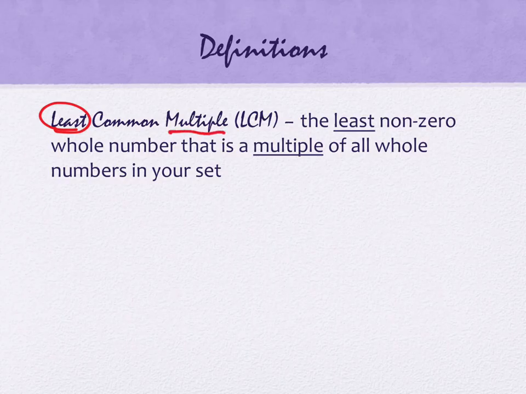It's the least multiple, right? The word least is an adjective for multiple. Multiples are bigger than the number you started with, okay? So if I have the multiples of 5, they start at 5 and then they get bigger: 5, 10, 15, 20. So a multiple is a bigger number, and this is just the smallest bigger number.